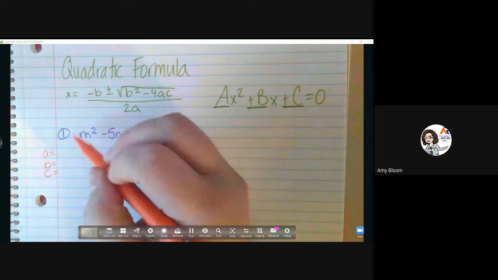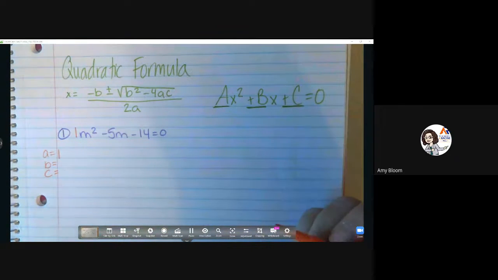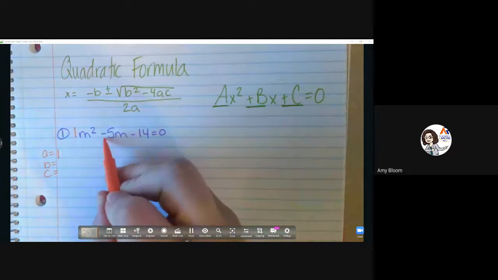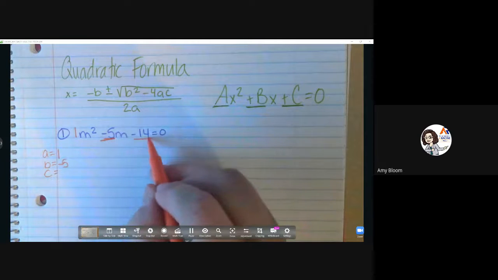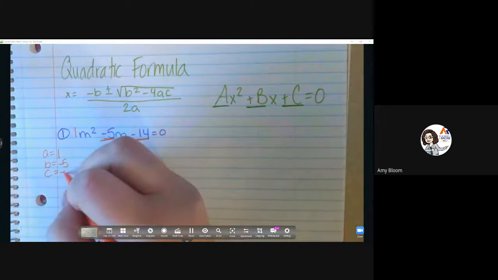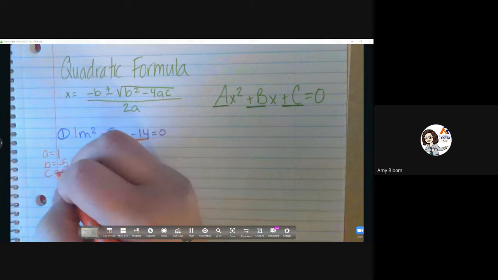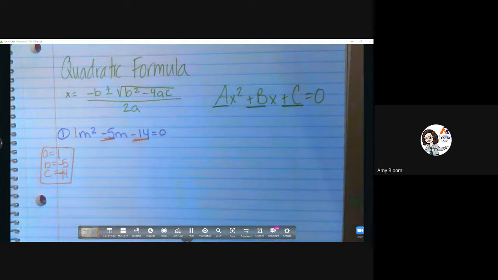There's nothing here, so technically there's a 1. So our a is 1. Our b is right here, and it is negative 5. And our c is right here, the number without a variable, and that's negative 14.